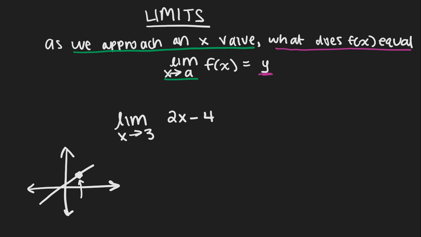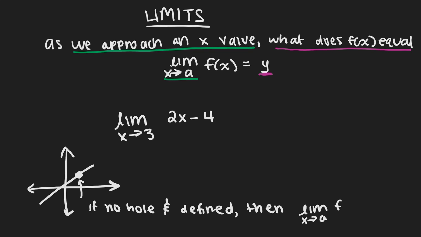What I'm basically saying is that if there's no hole and it's defined, then the limit as x approaches a of f of x should just be equal to f of a because it's part of this function.